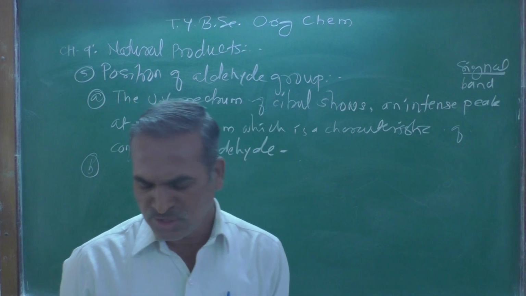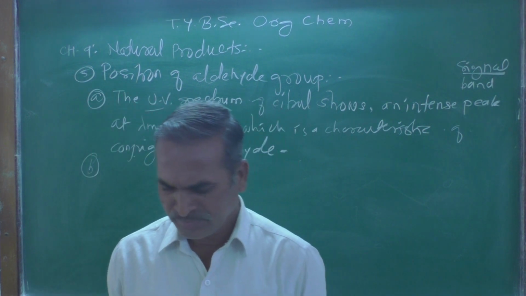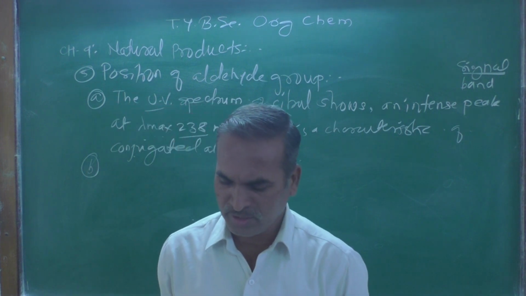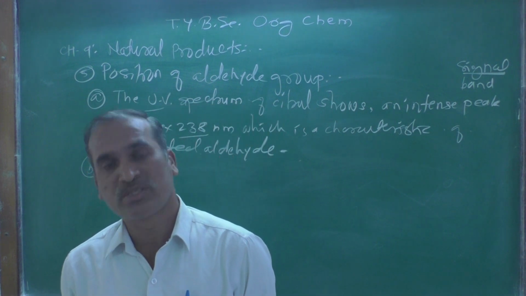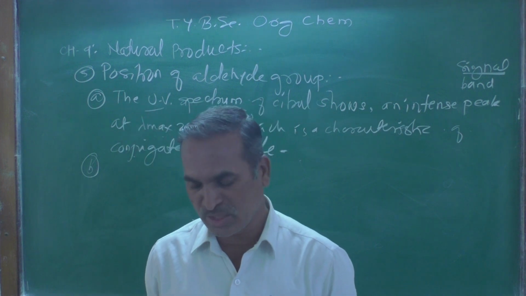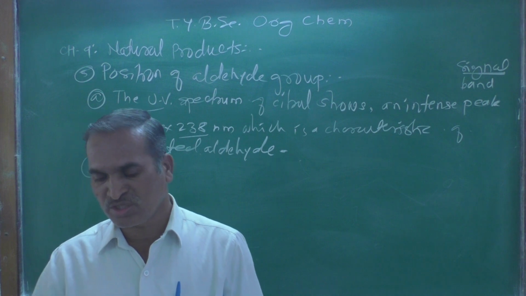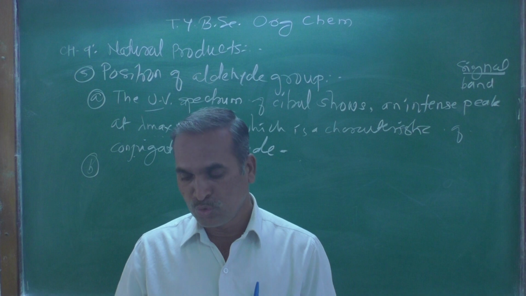Citral on hydrolysis with aqueous K2CO3, that is a potassium carbonate solution, under high pressure gives an aldehyde and a ketone, that is methyl heptanone, 6-methyl hept-5-en-2-one.